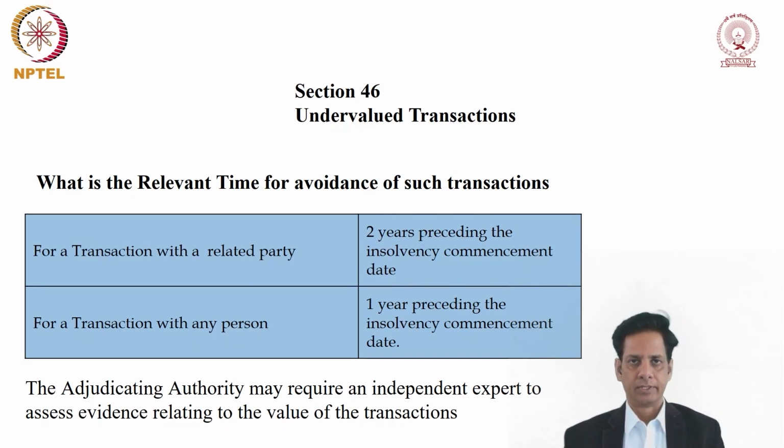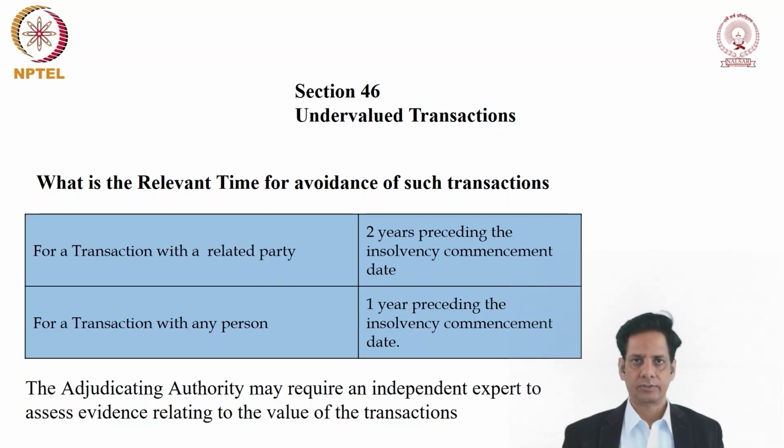What is the relevant period when this transaction can be considered as undervalued? Let's understand this. I have done a transaction about 10 years ago at a lower value. CIRP is commencing 10 years later. This transaction that was done 10 years ago will have no influence on the CIRP today.